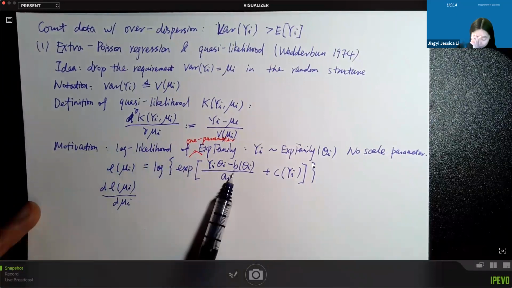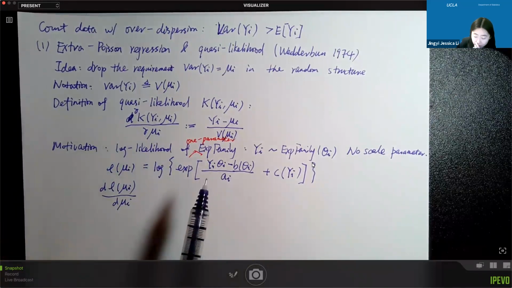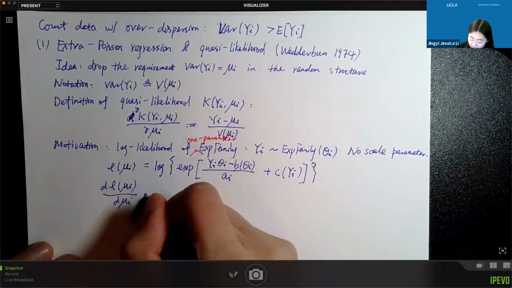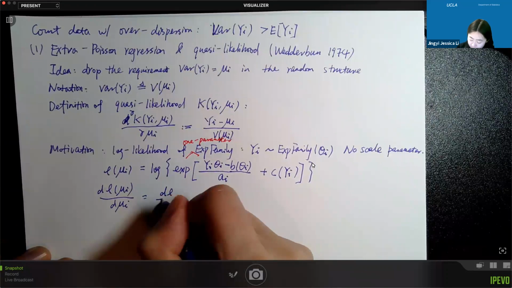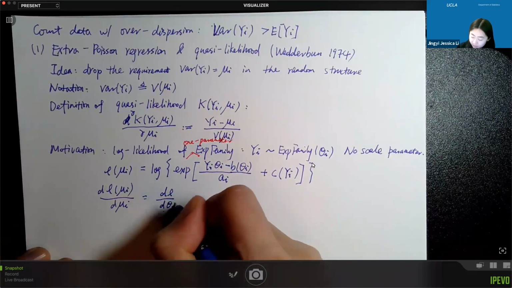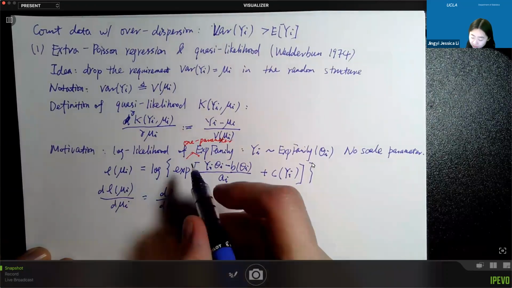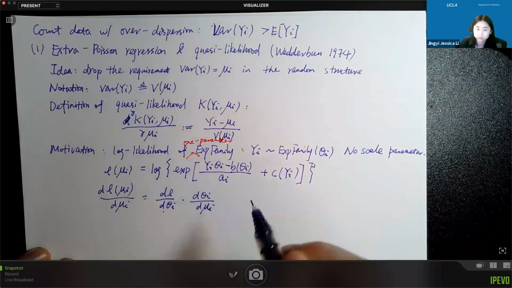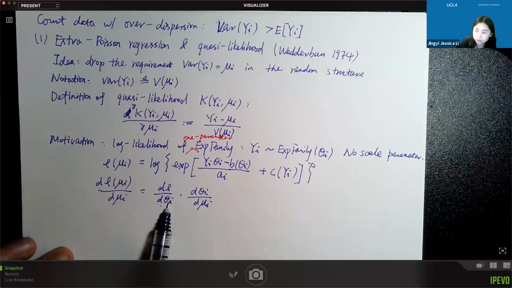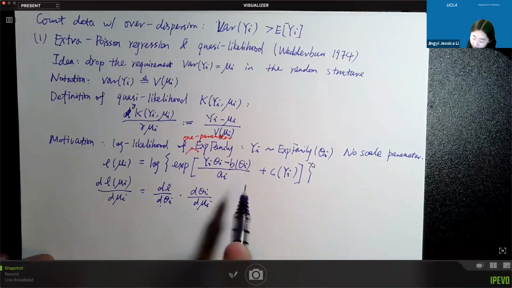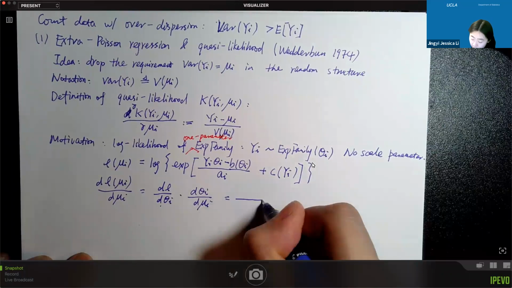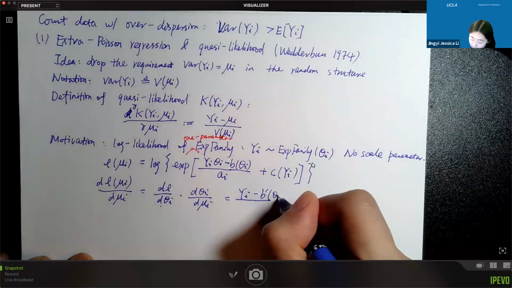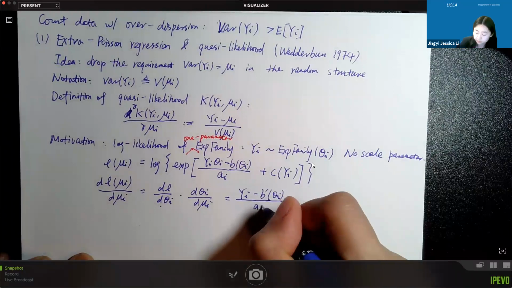So when I do that, I should do dl/d theta_i, because it's in terms of theta_i, times d theta_i/d mu_i by the chain rule. For the first part, when I differentiate with respect to theta_i, I'm left with (yi minus b prime of theta_i) divided by a_i.